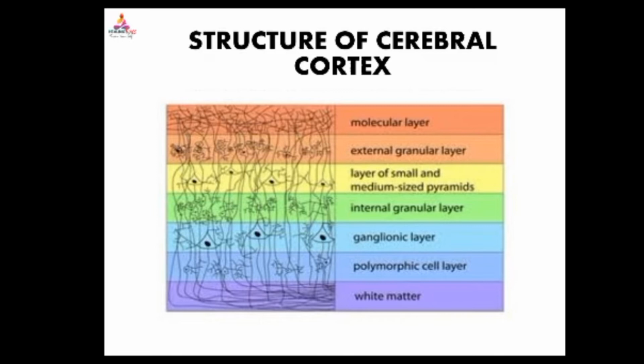The following five are the main types of neurons present in the cerebral cortex: pyramidal cells, satellite granular cells, horizontal cells, cells of Martinotti, and fusiform cells.